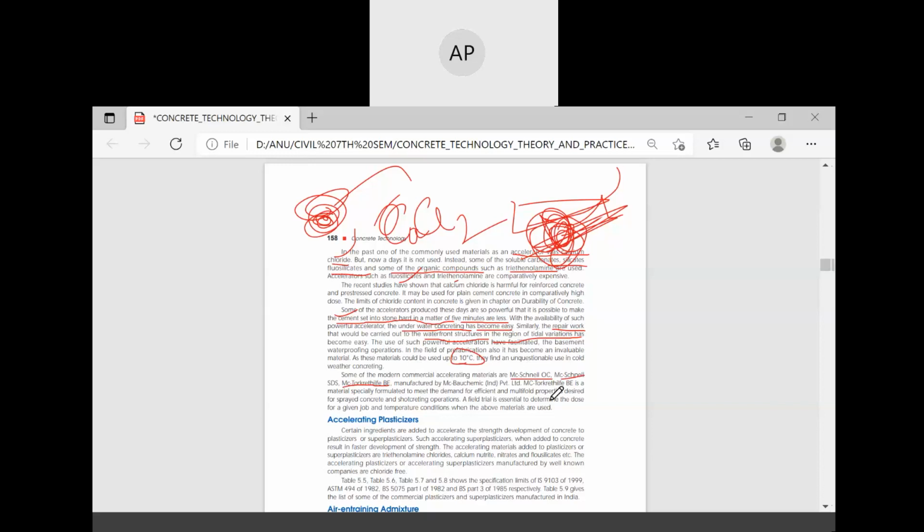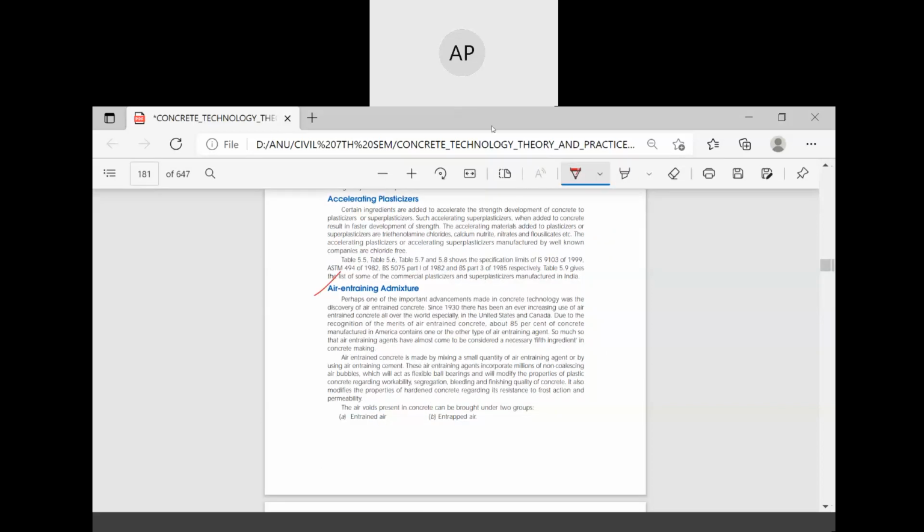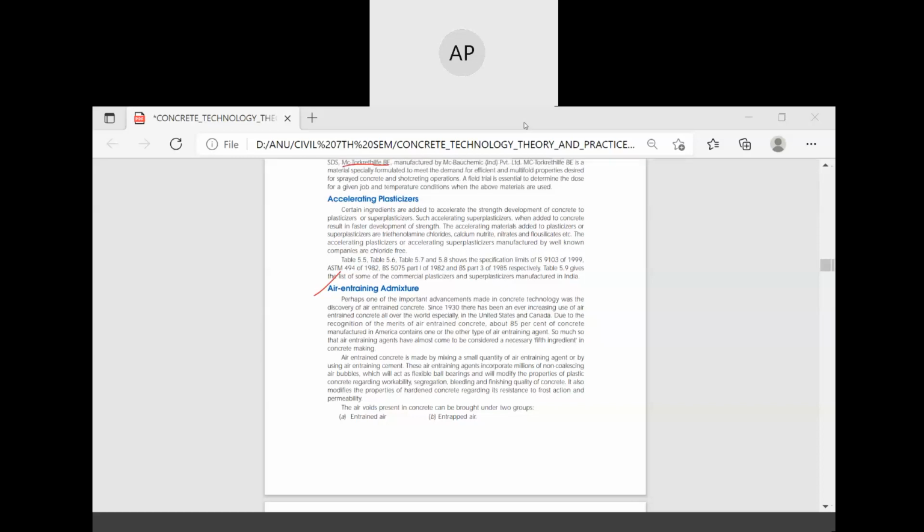Next is the air entraining admixture. So what are air entraining admixtures?